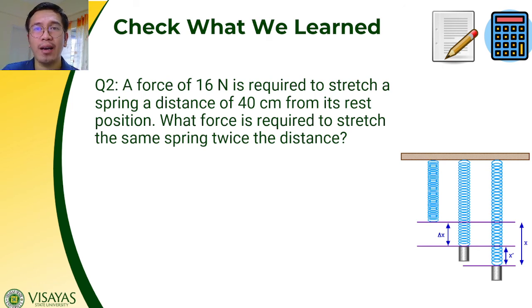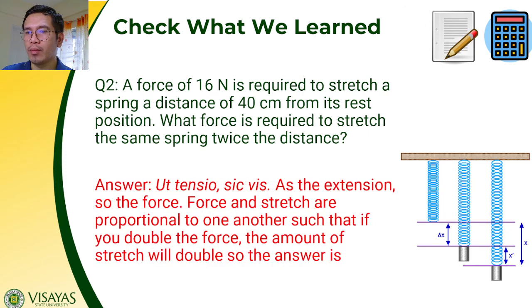I will share to you another video of my actual solving of this problem. But for now, as Robert Hooke said, ut tensio, sic vis. So as the extension, so the force.